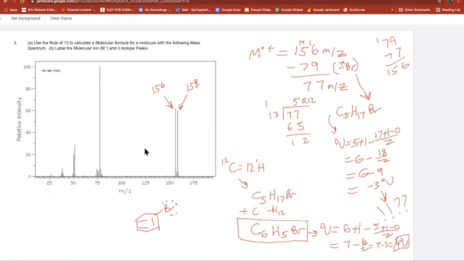Let's do it. So the molecular ion, that's easy. It's just the radical cation with a bromine 79 on it.